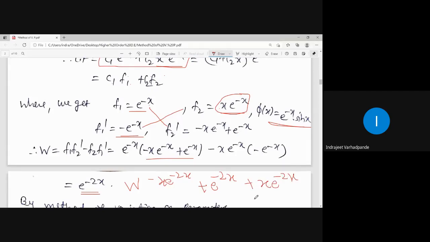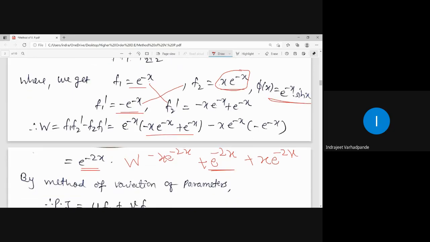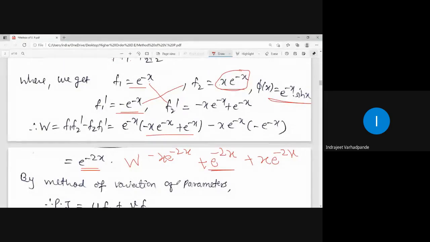The first and last terms get cancelled. So only e to the power minus 2x is applicable for us. So we are left with the Wronskian as e to the power minus 2x. Is this point okay?